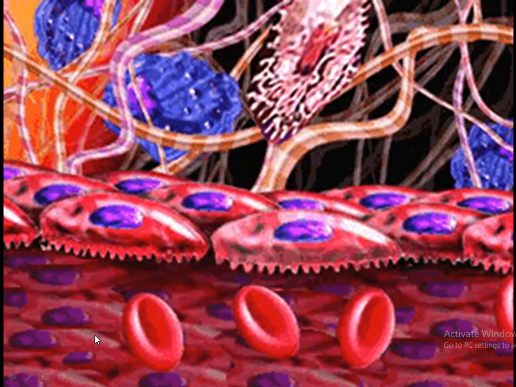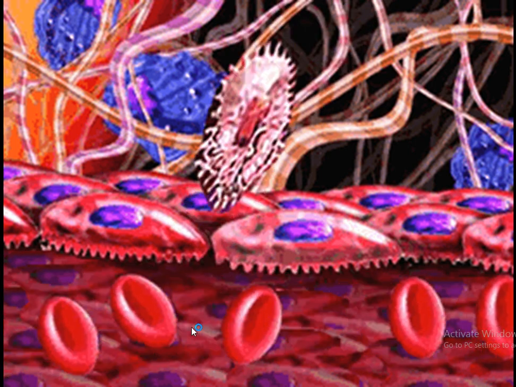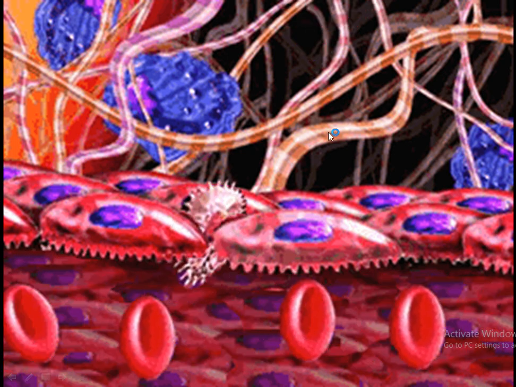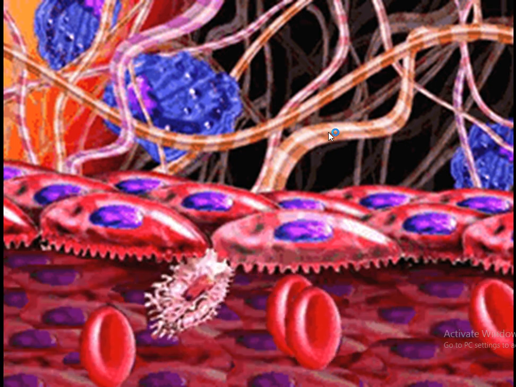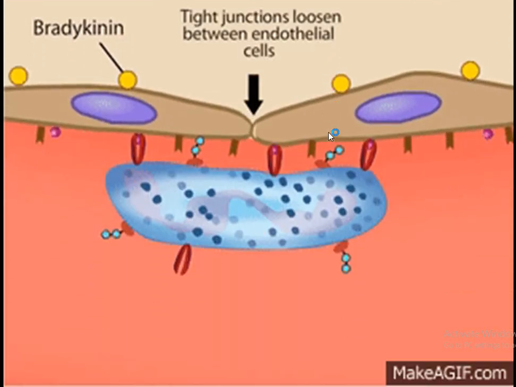RBCs and WBCs are flowing inside the blood vessel, while the WBCs are coming out of the blood vessel in this way. I will show you more animations. Don't worry, to understand this process very clearly.